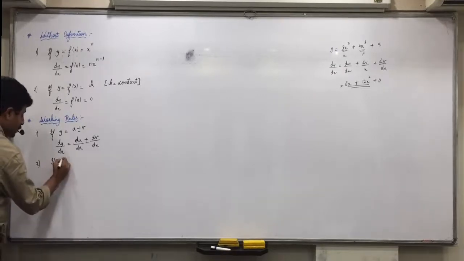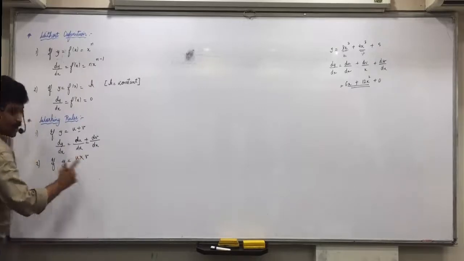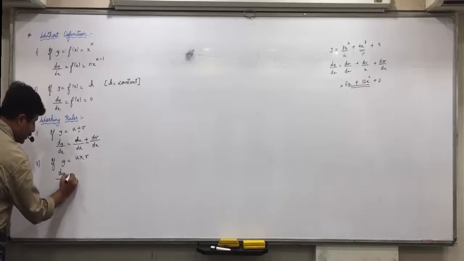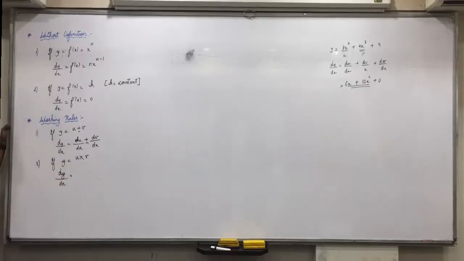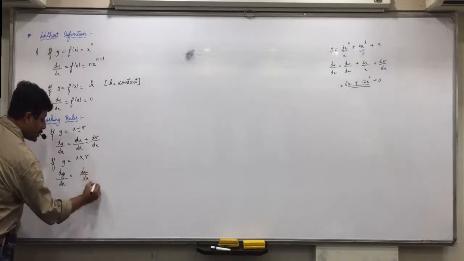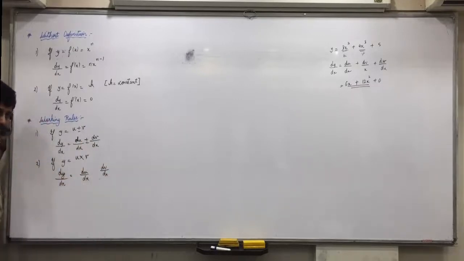So if y is equal to u into v, a product of two functions, then remember dy by dx equals to, now listen everyone, how you should remember it: du by dx and dv by dx, these remain constant.